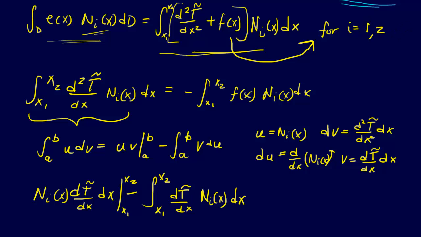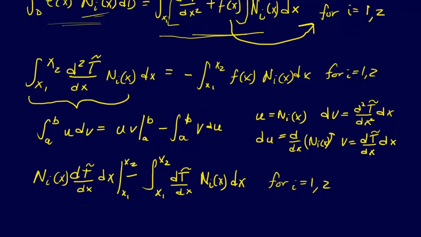It would go on if we had more functions in our representation, but we don't. So this is for i equals 1 and 2. And so what we can do is actually start plugging this in.